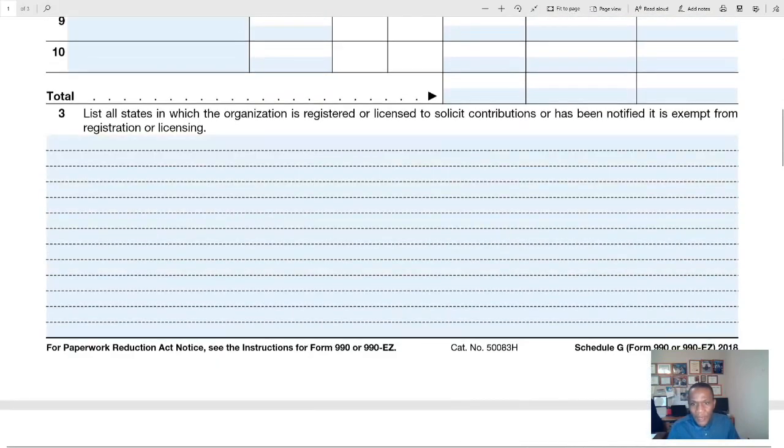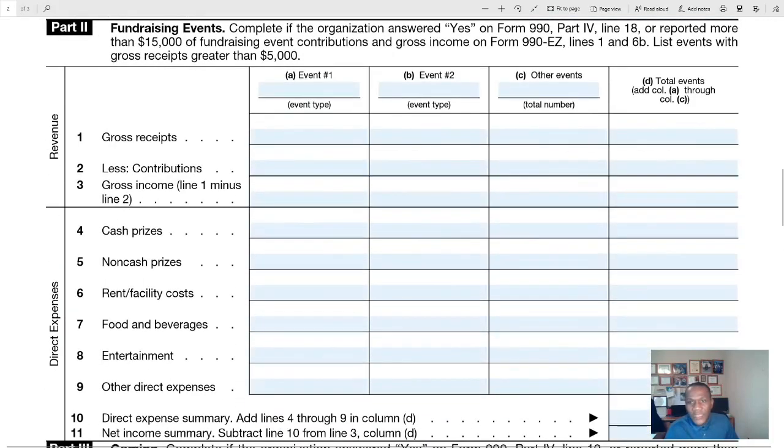And then you will also list all states in which the organization is registered or licensed to solicit contributions or has been notified it is exempt from registration or licensing. So you have all these obligations. Fundraising events: what are the fundraising events? Event number one, type of event, gross receipts from that event.